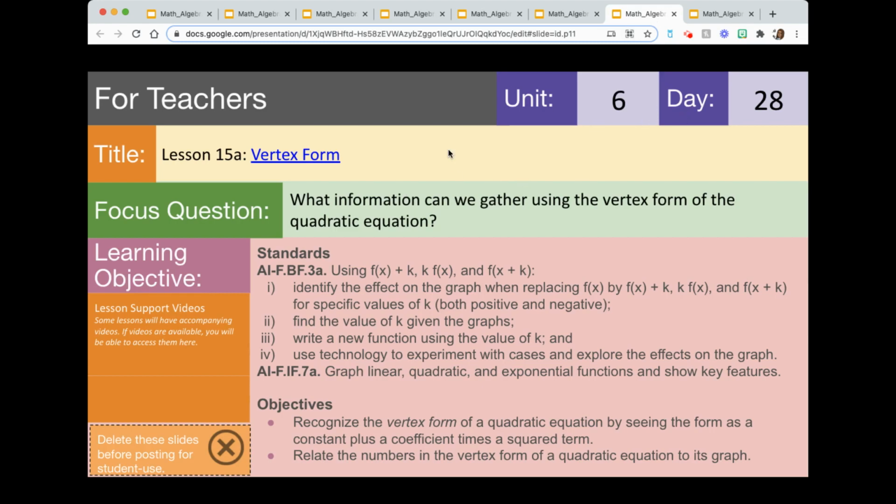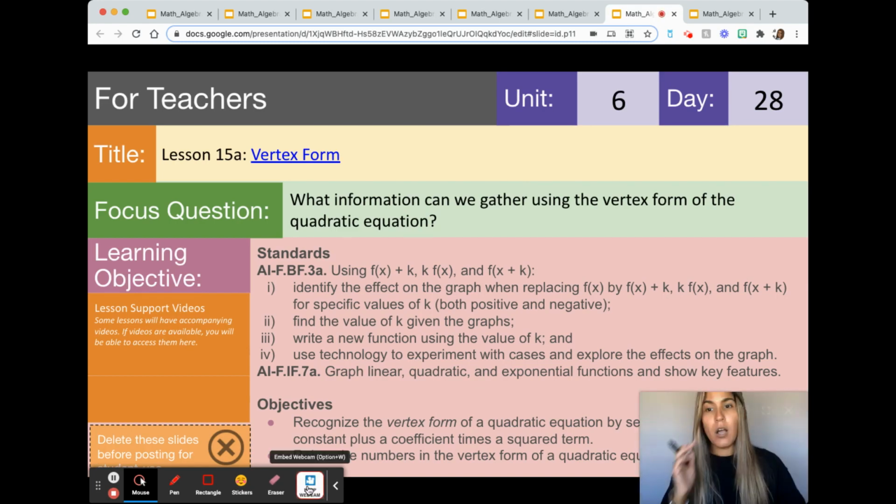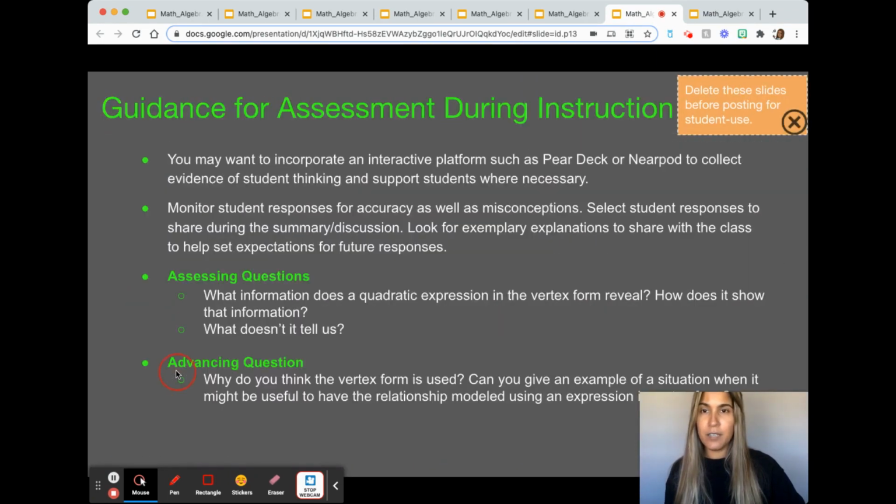So the first day is day 28. We're looking first at day 28. Now, just as a reminder, if you ever need any clarity on what to do with your ELLs, on slides 10 and 11, you will always find suggestions. So I'm going to go ahead and move on to slides 10 and 11 in this lesson.